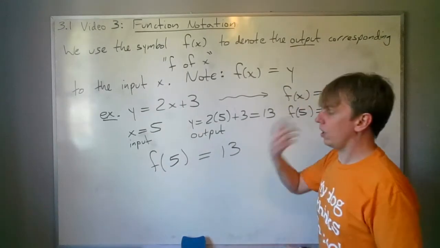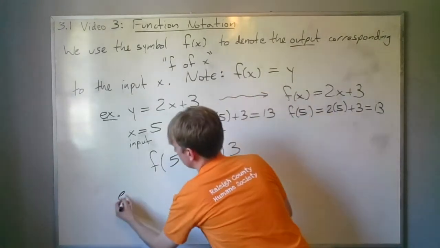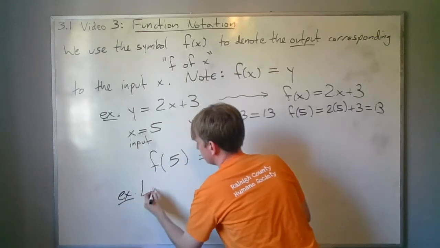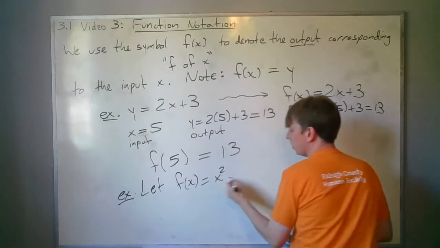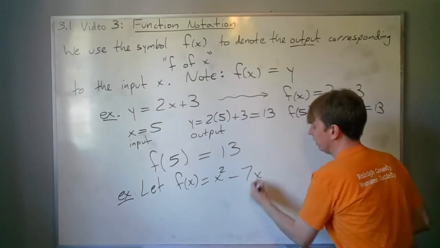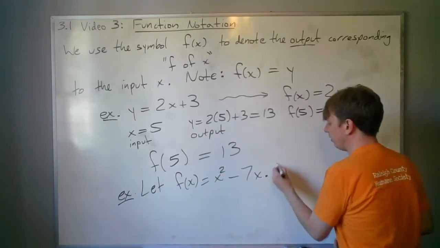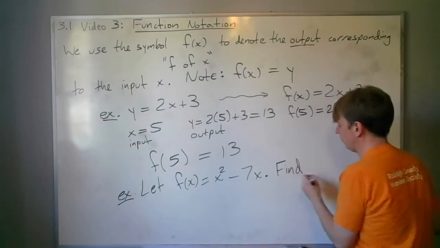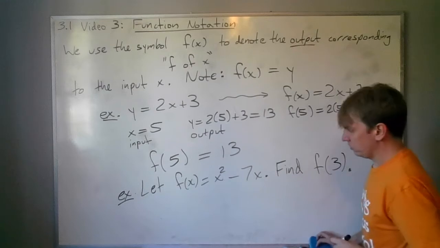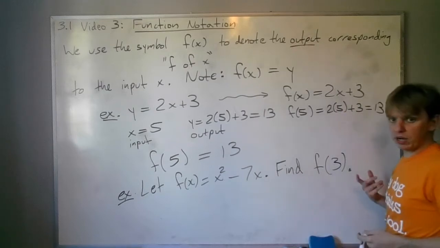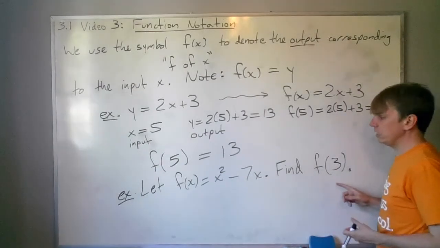Okay, let's try another example. Let f of x be x squared minus 7x. And I'm going to try and find f of 3. Okay, again, keep in mind how I'm saying this, f of 3.